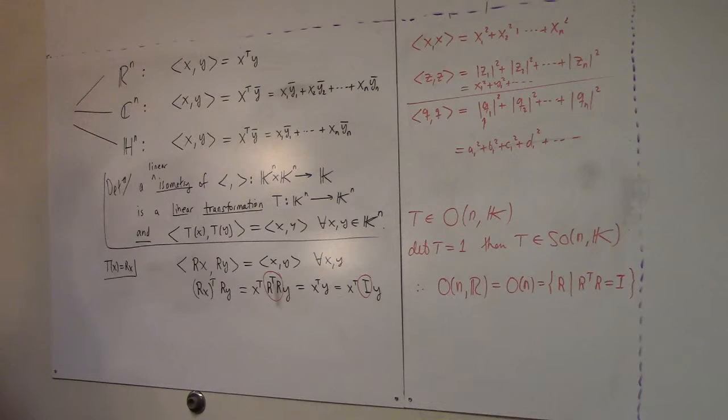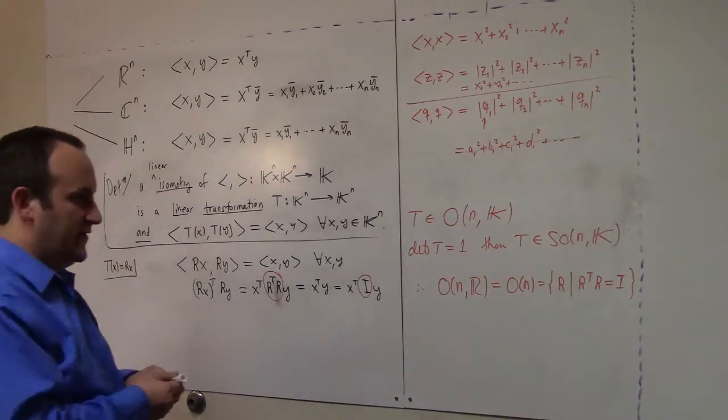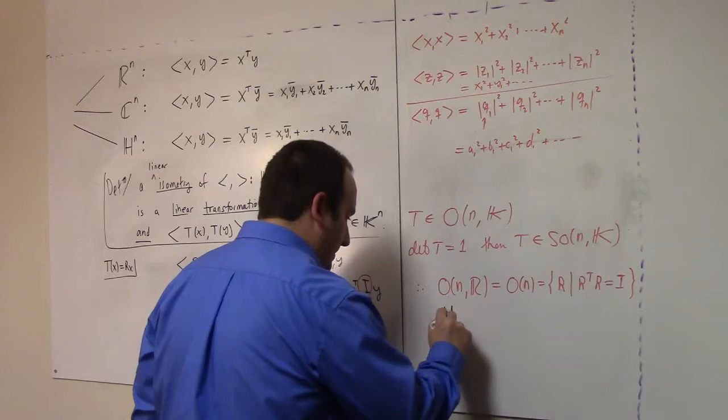I took the geometry out of it. No reflections here, just matrix algebra. And that's just the reals. If we add the determinant 1 condition, we get SO(n), which are the rotations. If we study the determinant, the determinant of R transpose R equal to I is what?